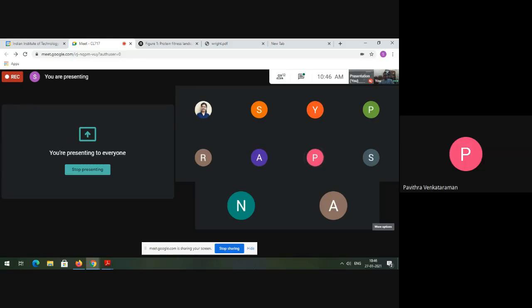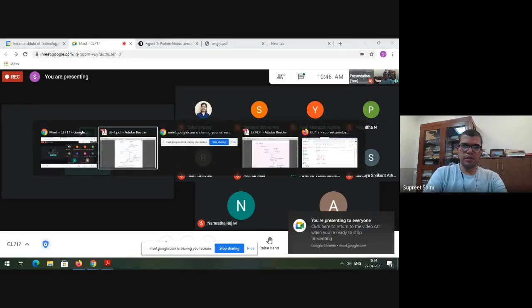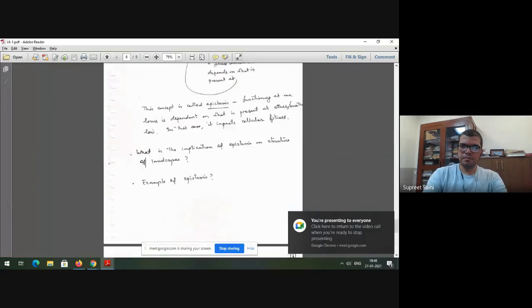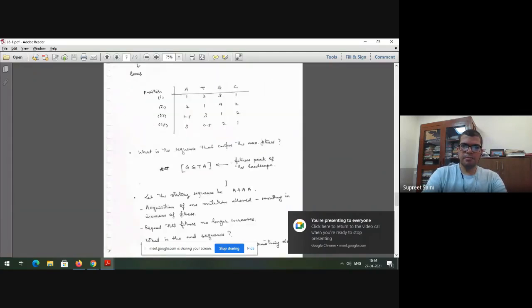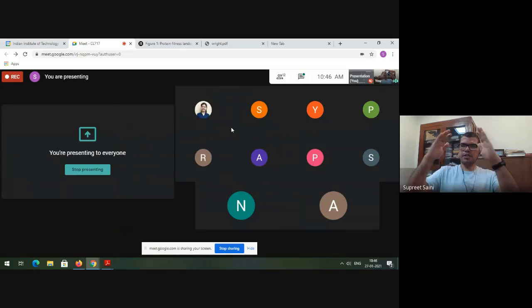In this example, suppose this two was a three instead. Then your fittest sequences are GGTA and also GGTG. So when you're visualizing your landscape, it's not like a sharp peak at GGTA, but like a plateau where both these nodes reside on the top.